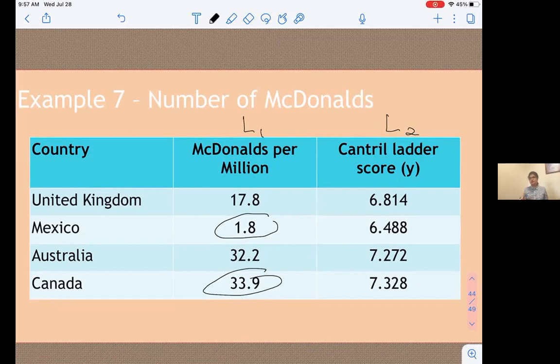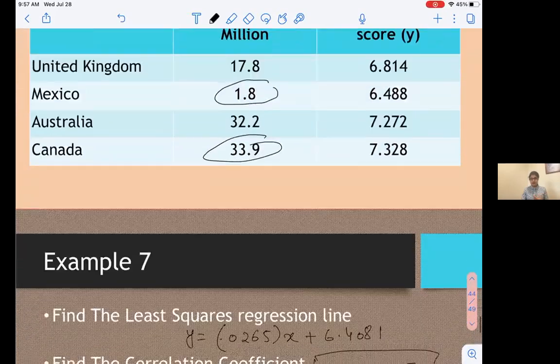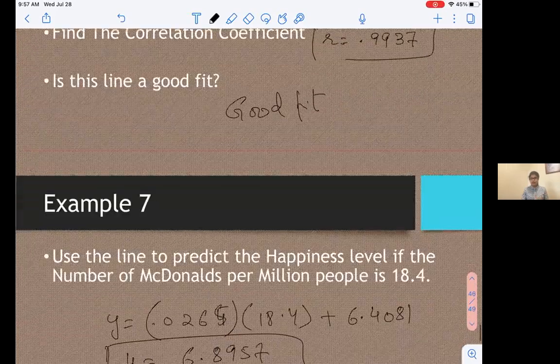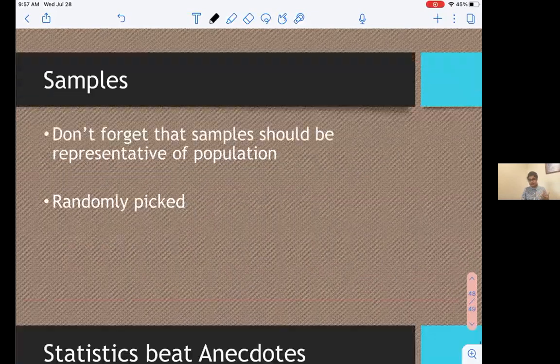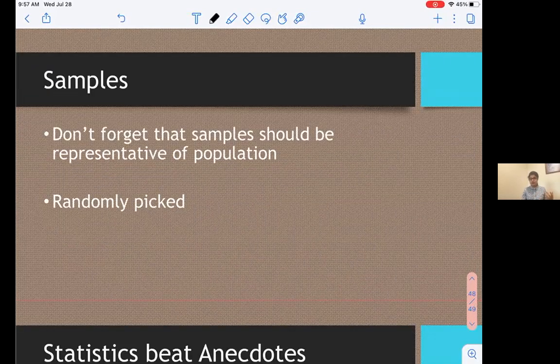or for all the countries in the world, for their happiness level based on the McDonald's they have in their countries. So this is why we have to be very careful in selecting the samples, because the selection of the sample is actually reflecting your results for the entire population.